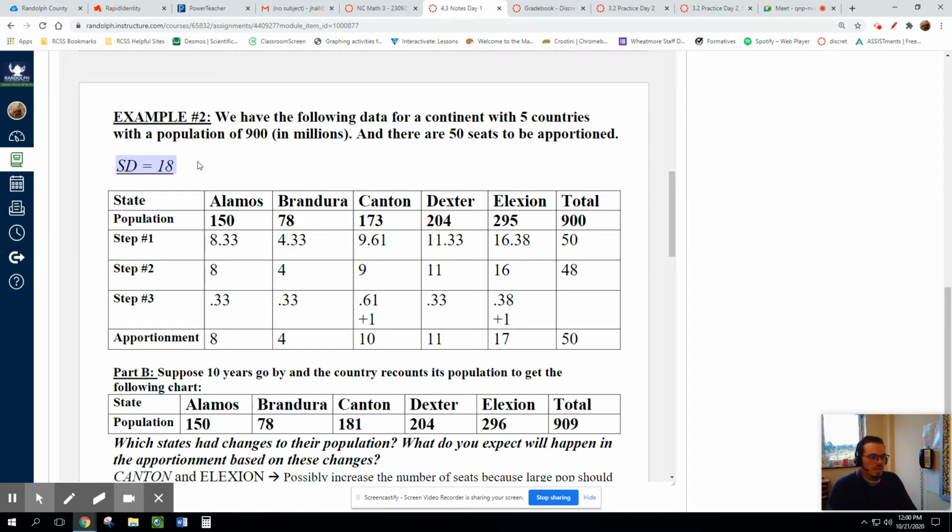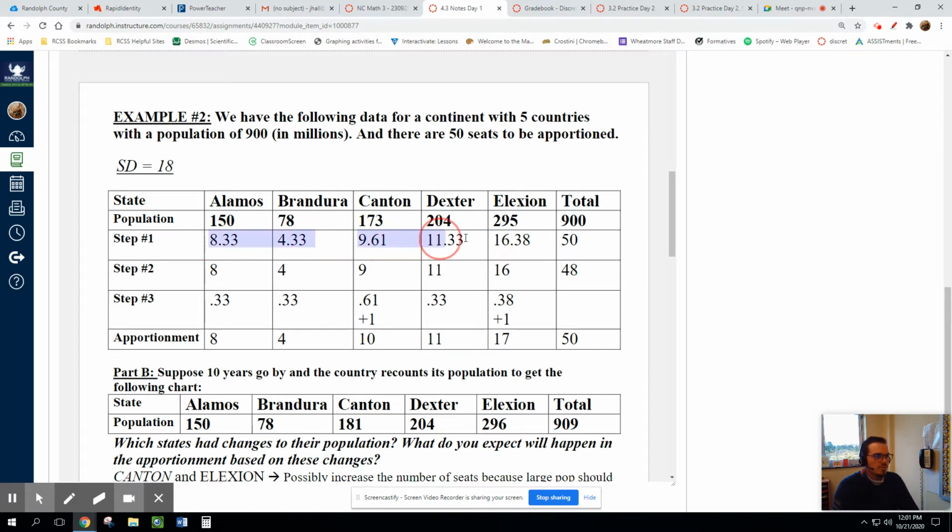Well, in this particular situation, your population is 900 million. You could put 900 million if you wanted to in Desmos, and then just simply divide by 50. But I think what we ended up doing is taking 900 and dividing it by 50, which really means it's 18 million. Okay. So here's the population in millions for each one of these 5 countries.